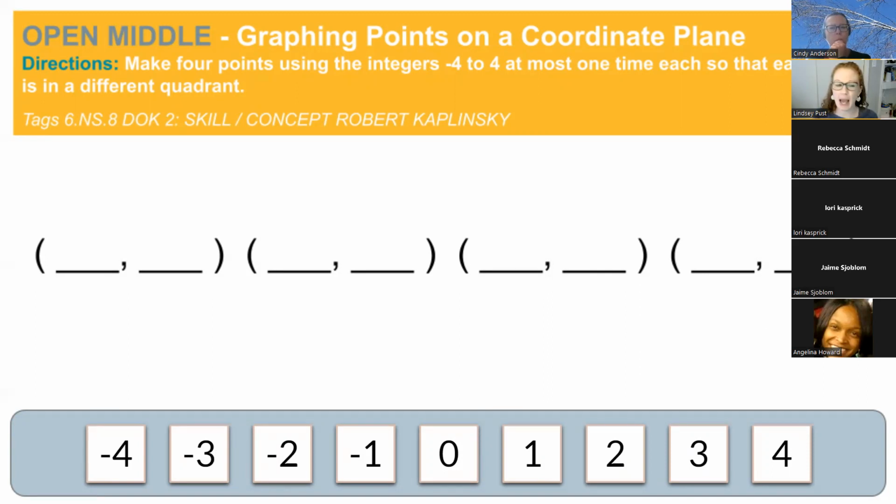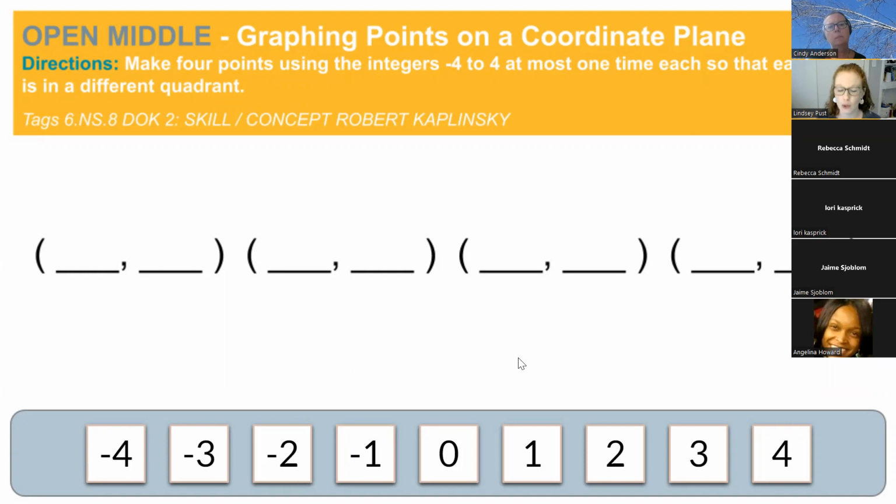So this could be after students have been exposed to the coordinate plane and learned about plotting points and are comfortable with the 4 quadrants. This could be a way of giving them an opportunity to arrive at the answer any way they want to, but can you give me an example of a point that's in a different quadrant, 1 for each? And so I like that there's a little bit of different thinking behind it.